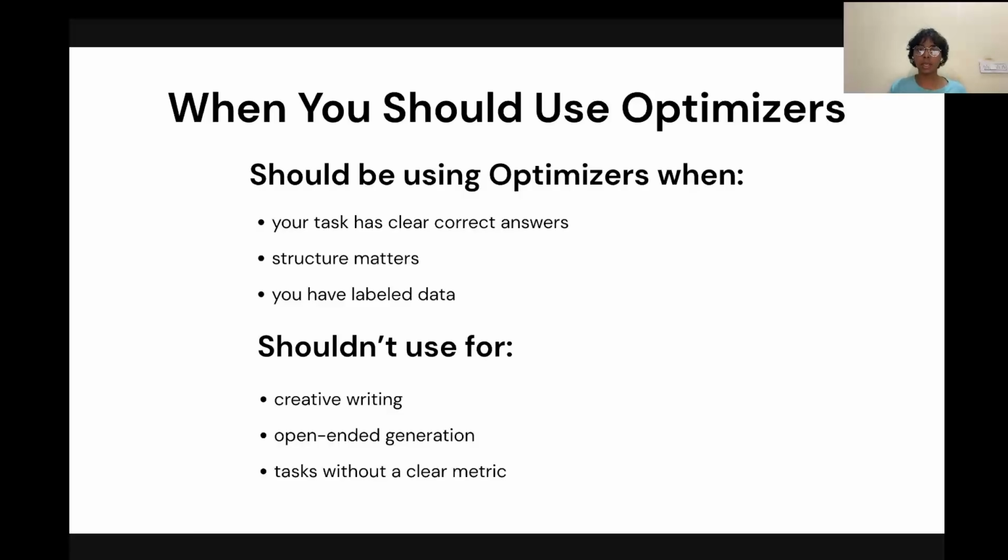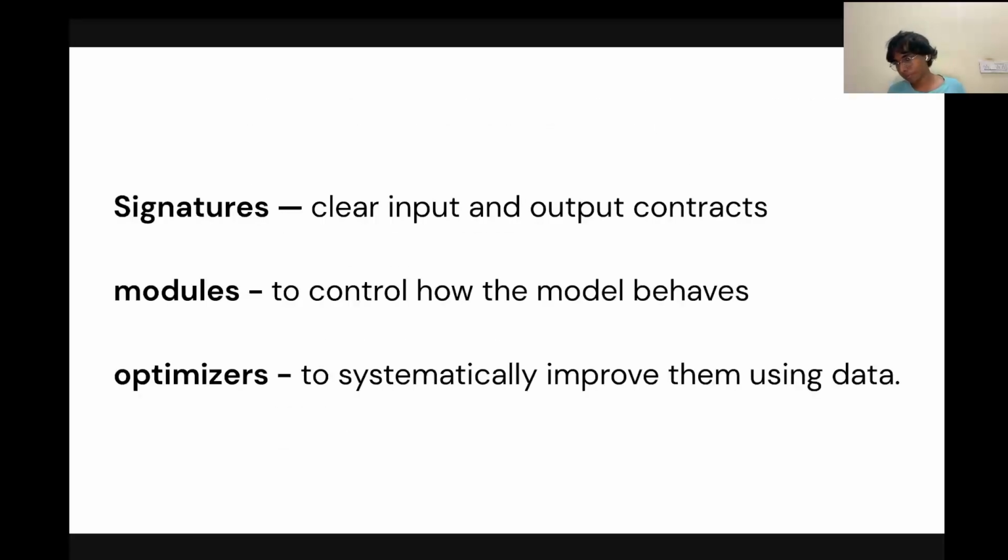And that's it, guys. We have come to the end of the video. So let me give you a quick summary of what we learned. DSPy isn't trying to replace LLMs and it isn't trying to make them smarter. What DSPy really does is bring software engineering discipline into how we build LLM applications.